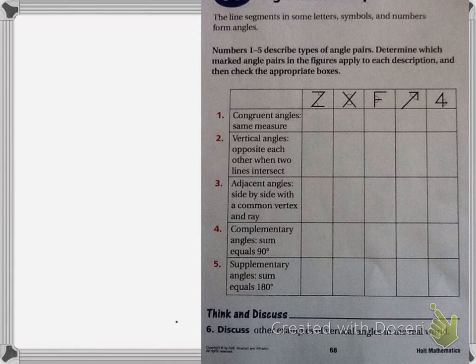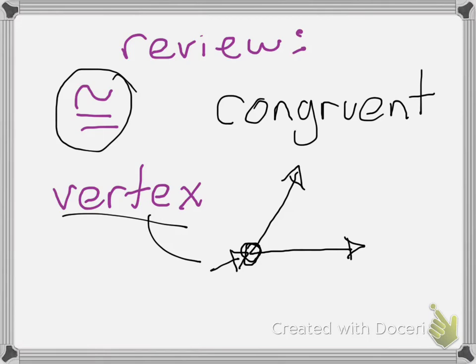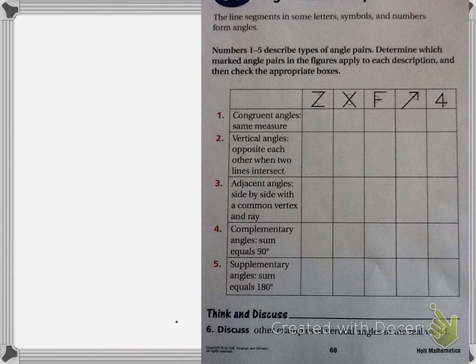And congruent angles, so let's go back just for a second. Congruent angles are going to have the same marking. So if you have two different angles and they have the same marking, it means they are congruent. So congruent angles have the same measure. So let's look at that Z. I see the same marking at the top and the bottom, so that's true.